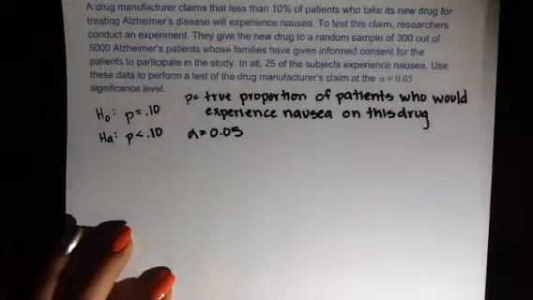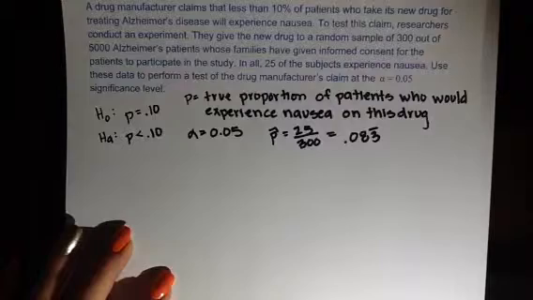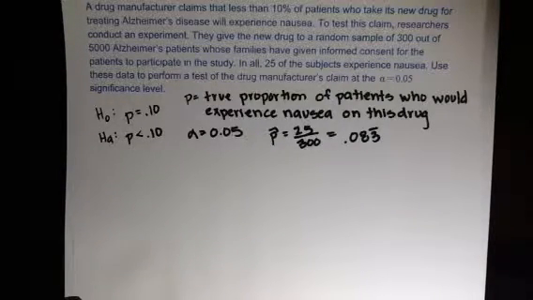And we were given an alpha of 0.05. Our p hat is 25 out of the 300, which if we put that into our calculator, we get 0.083 repeating. So we're going to use this information to go on with our test.